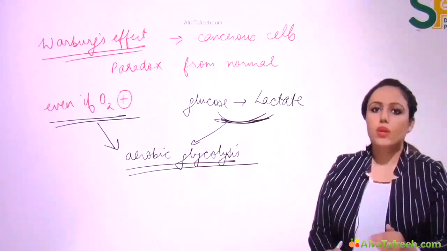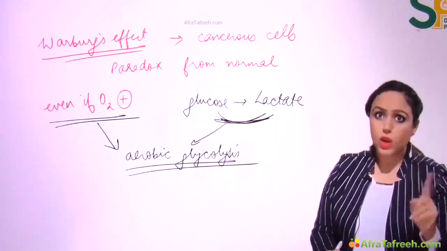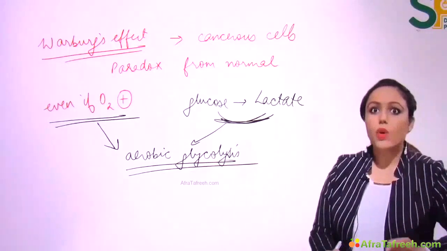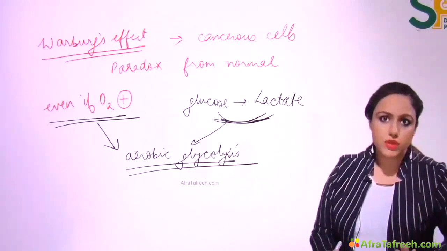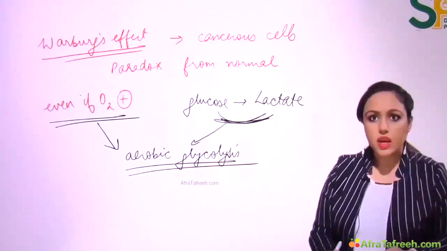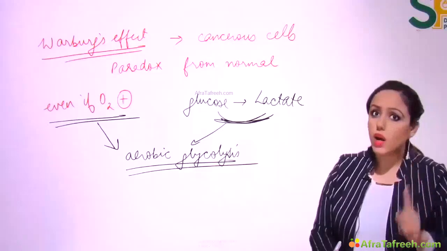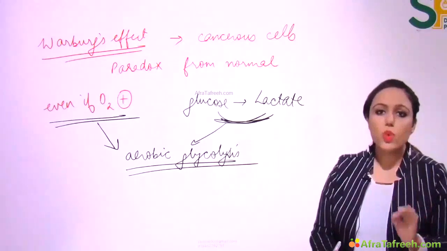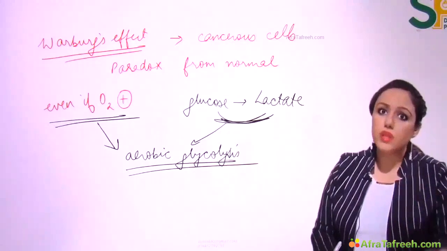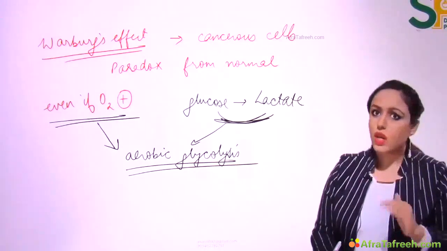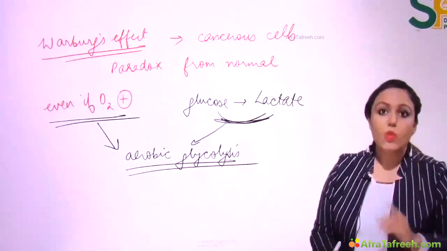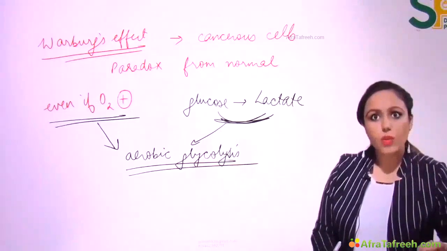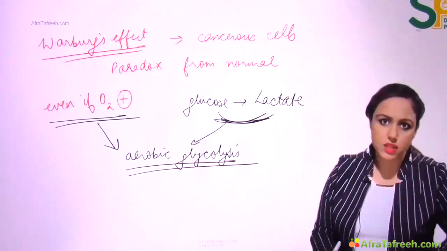Normally in aerobic glycolysis, the end product is pyruvate, not lactate, and you get 7 ATPs. But in this kind of aerobic glycolysis, which is occurring in cancerous cells in Warburg's effect, if they ask you how many ATPs are formed, then you will say 2 ATPs. What is the end product? Lactate.